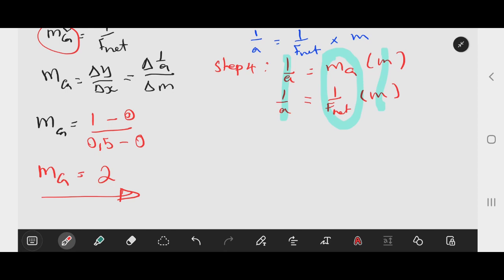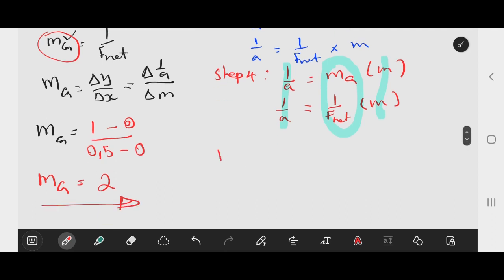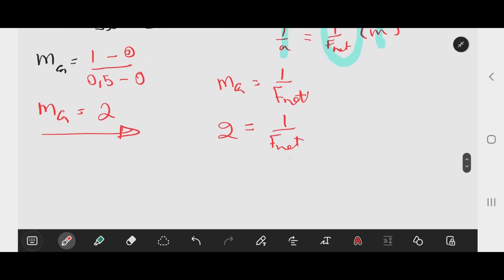So the gradient is 2, and now we want to obtain our net force, and we do know that the gradient is equal to 1 over net force, according to our graphical analysis. The gradient is 2, so if we cross multiply, that would be 2 times F net equals 1 times 1, which is 1, divided by 2.